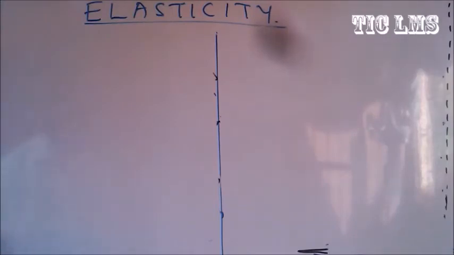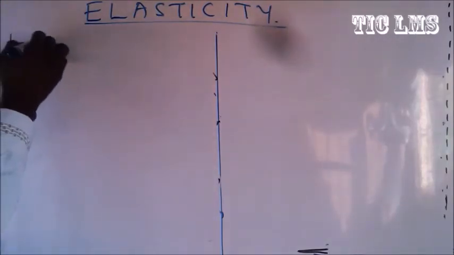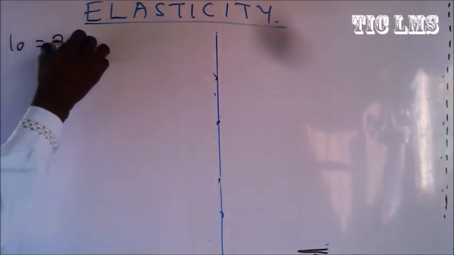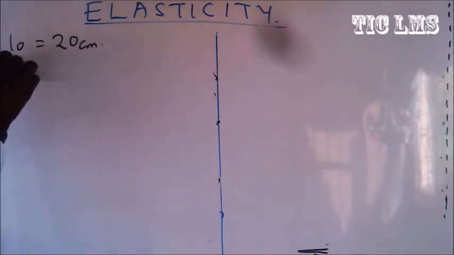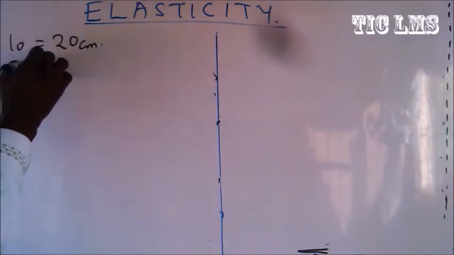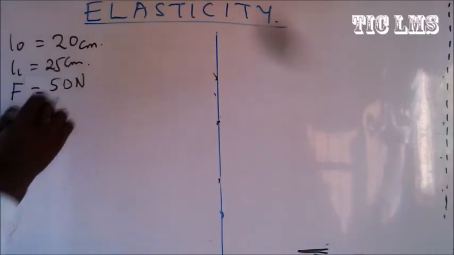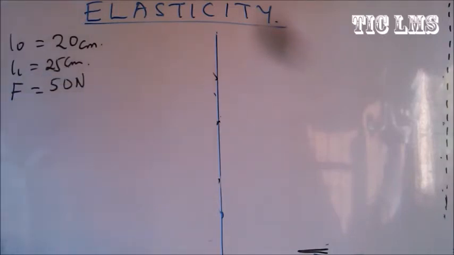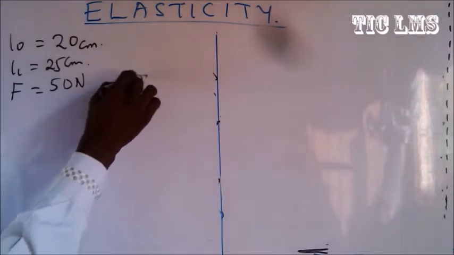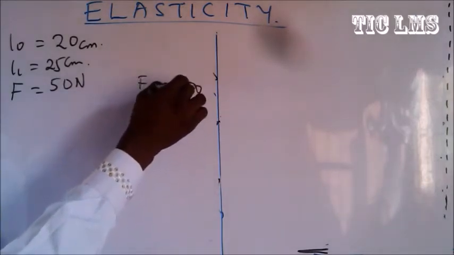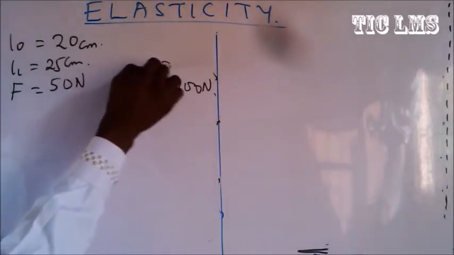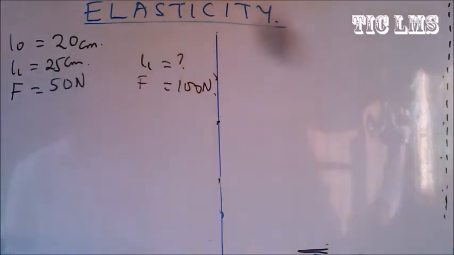Alright, so in this question, we're given an original length of 20 centimeter, and it was stretched to a new length, which is 25 centimeter, by a load. The load is represented as the force, which is 50 Newton. We are asked to find the new length if the force is increased to 100 Newton. And it's assumed that the elastic limit is not exceeded.